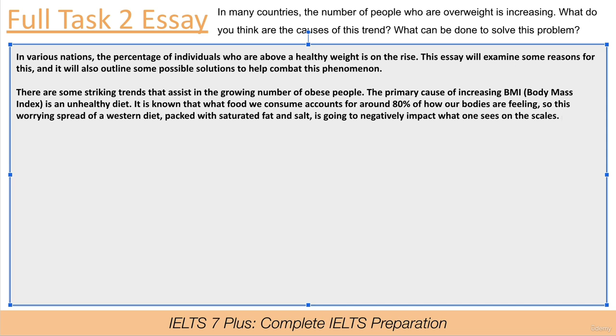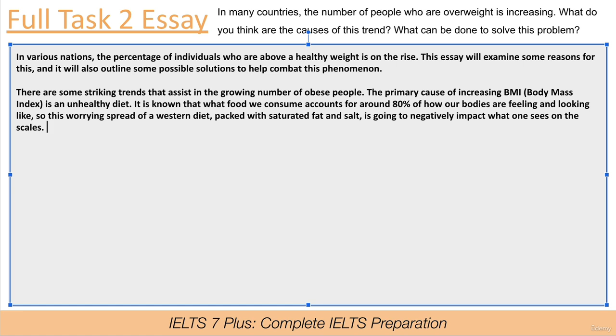So our weight. It is known that what food we consume accounts for around 80% of how our bodies are feeling and looking like. So this worrying spread of a Western diet packed with saturated fat and salt is going to negatively impact what one sees on the scales.